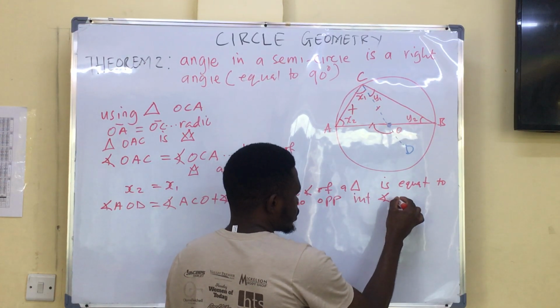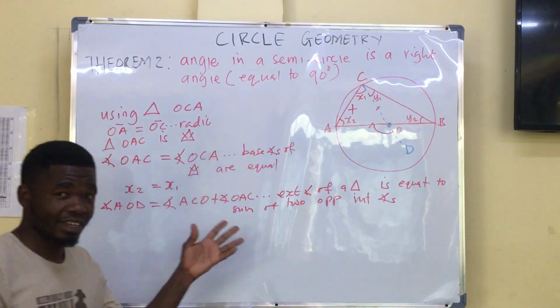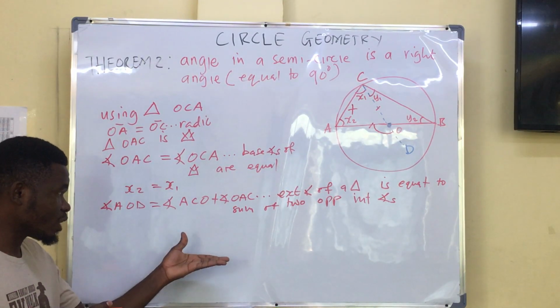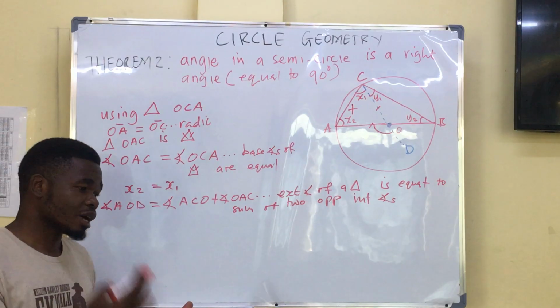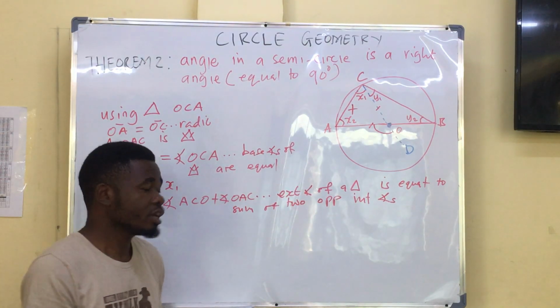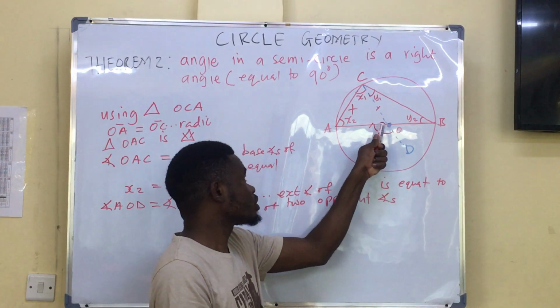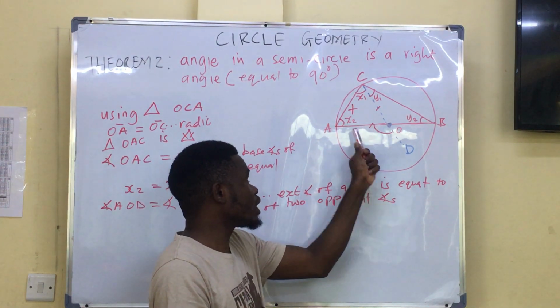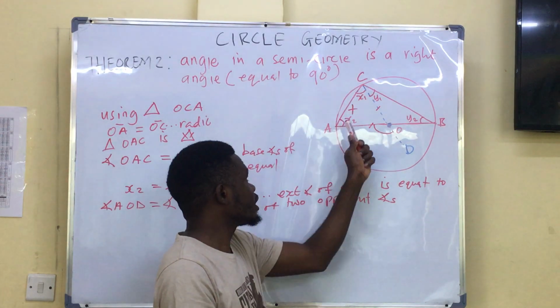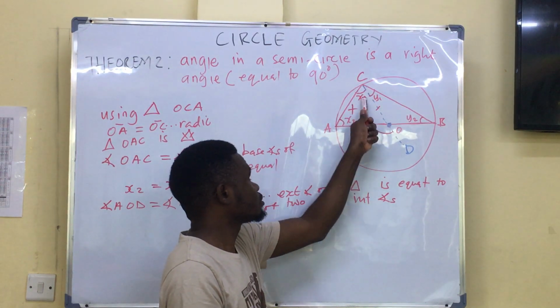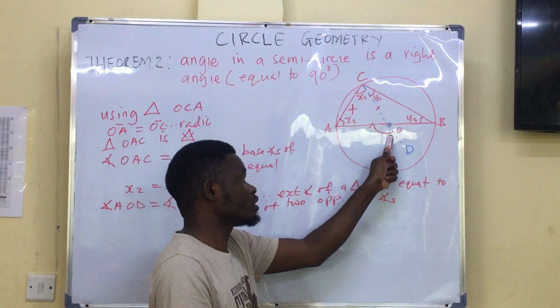I hope it's clear. Exterior angle of a triangle is equal to the sum of two opposite interior angles. Meaning that if you want to find the value of angle AOD, which is an exterior angle of triangle OAC, we need to add angle OAC and angle ACO. X1 and X2 will give the value of this angle, right?